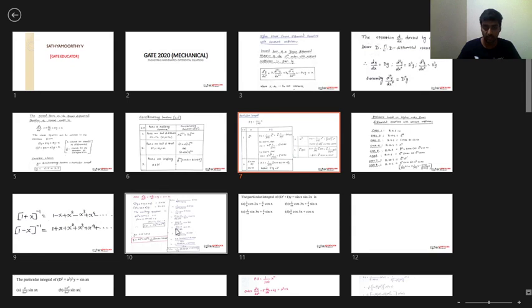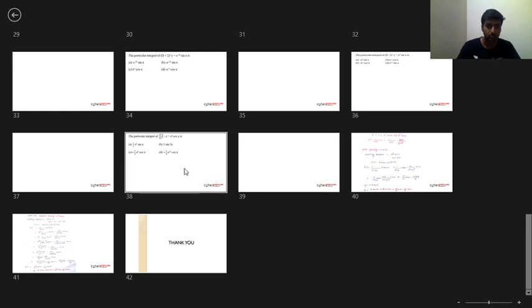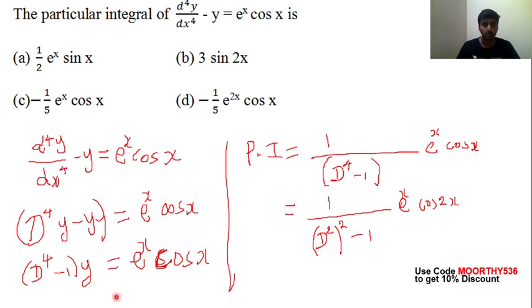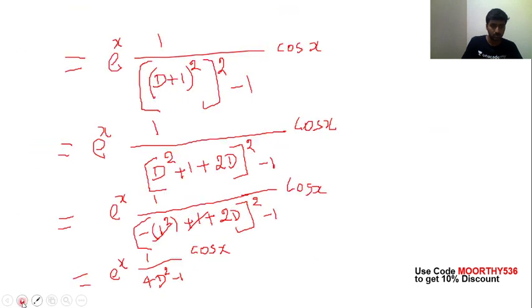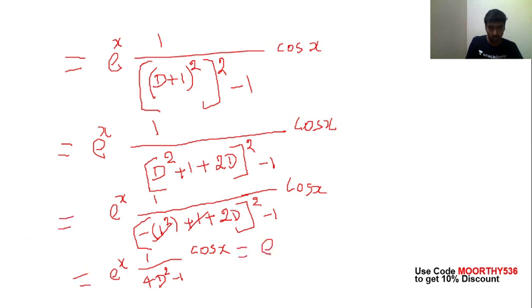Coming to the equation here, replace the D square by minus of 1 square. It is equal to e power x into 1 divided by 4 into minus of 1 square, minus 1, into cos x. Now minus 4 minus 1, it is minus 5, as per the discussion.